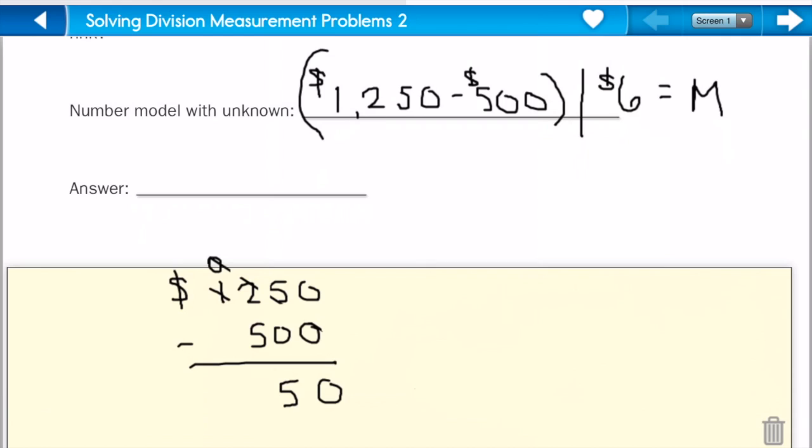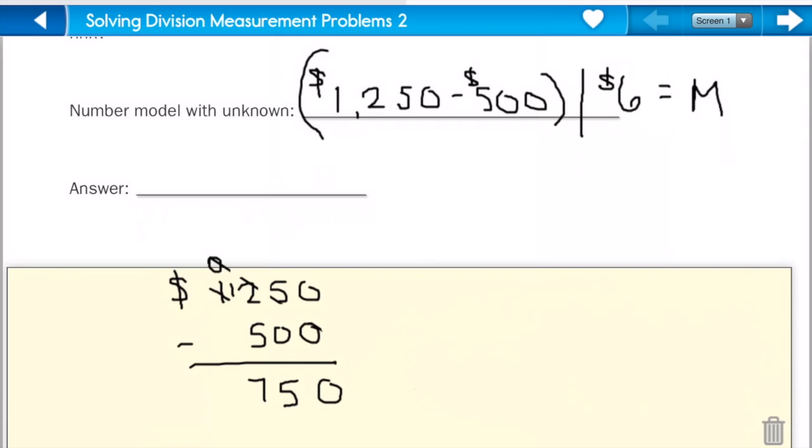We take that away and we get 12. 12 minus 5 is what? Yep, it would be 7. So now we have 750.